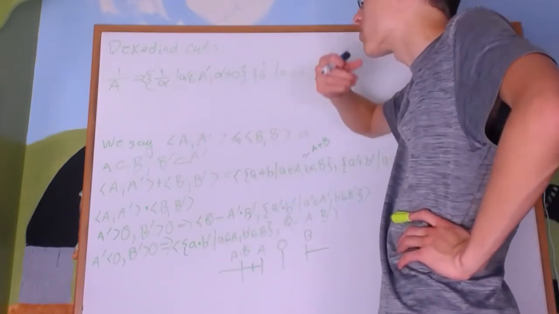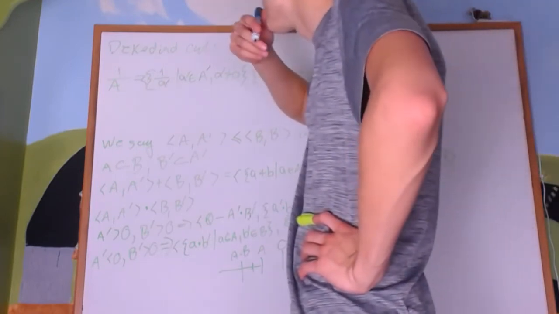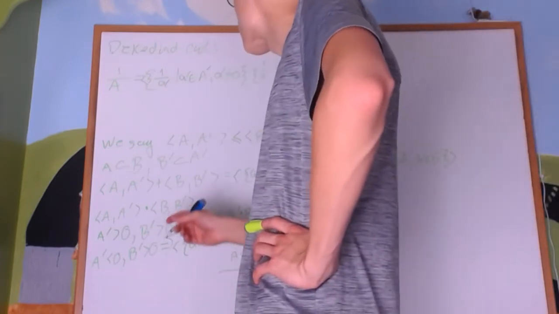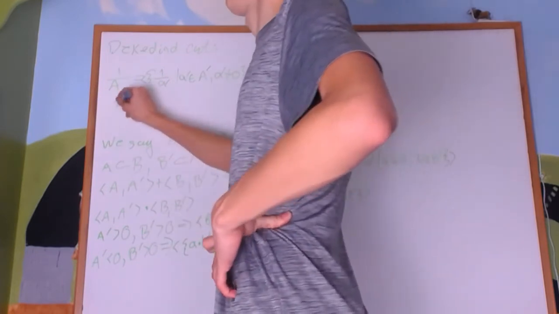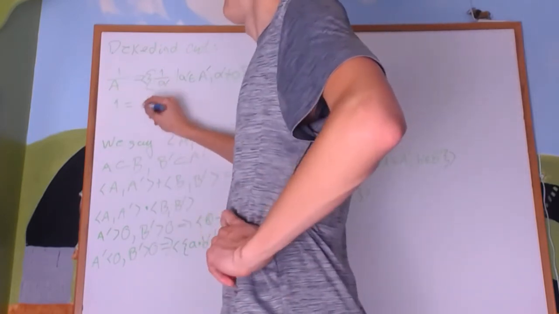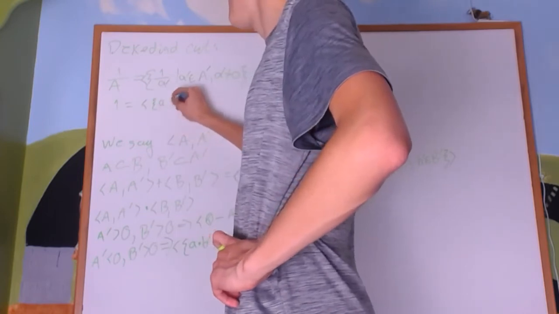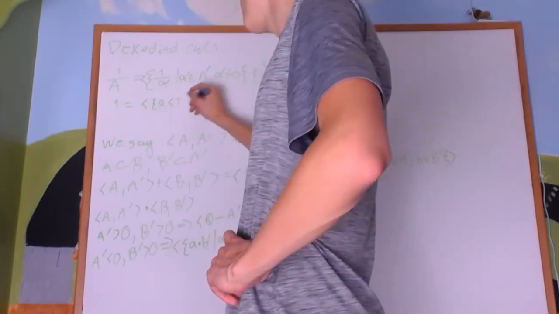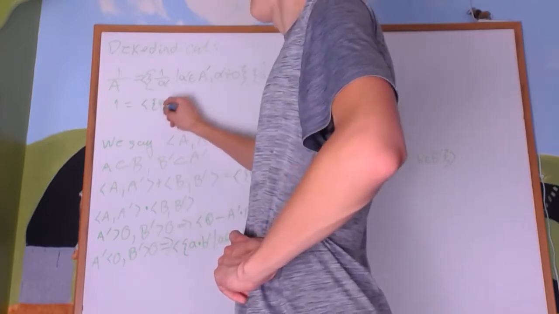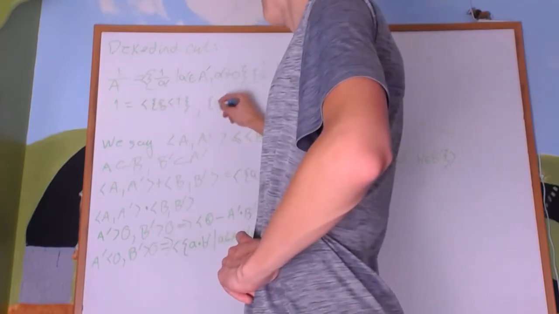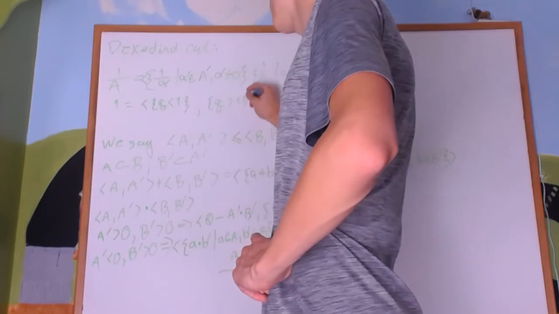So it has inverses. Those are obviously inverses. And they go to 1. So 1 is where you do the set of rationals less than 1. And then for the other one, you do the set where rationals are bigger than 1.